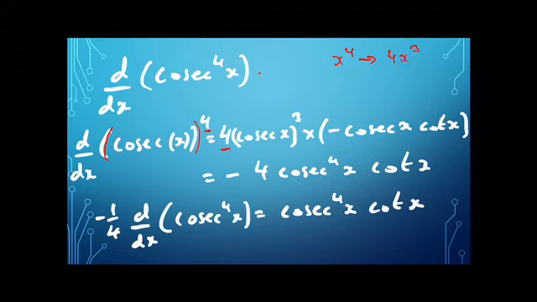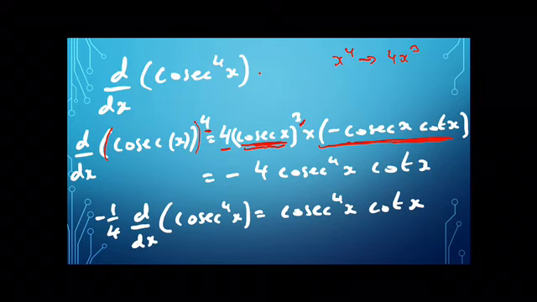That's the 4 there, cosec x, and then the cubed. But by the chain rule we need to differentiate the inside function, and the inside function in this case is cosec x, and from the formula book we get this here.